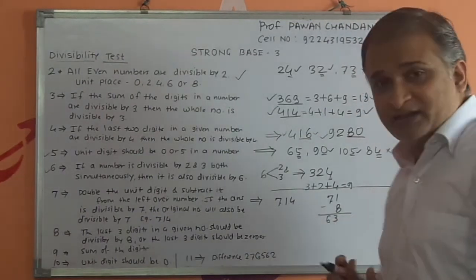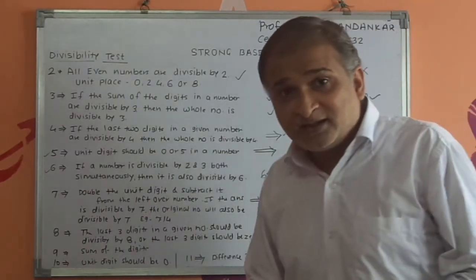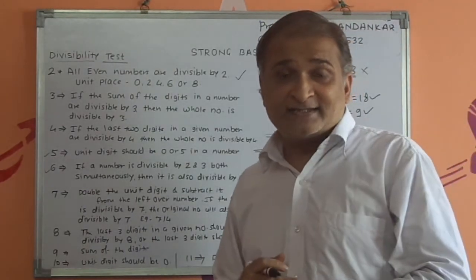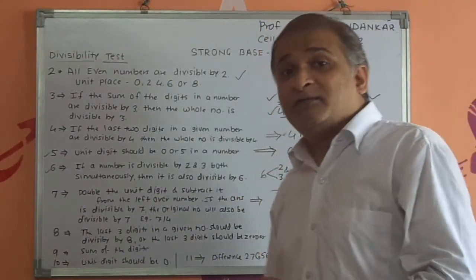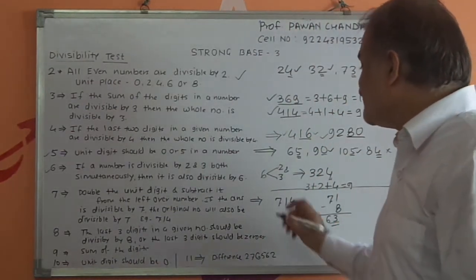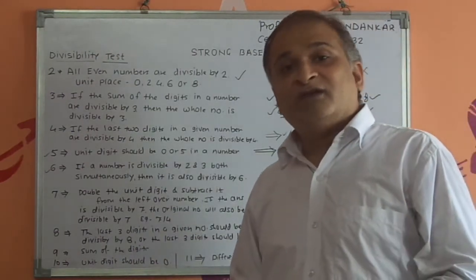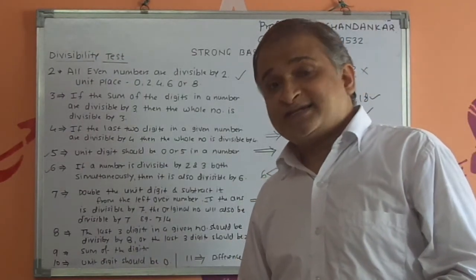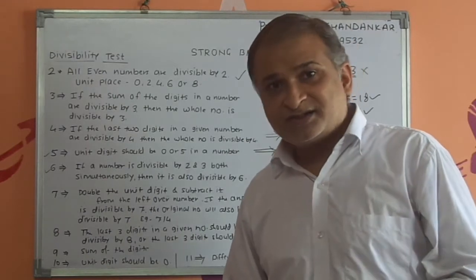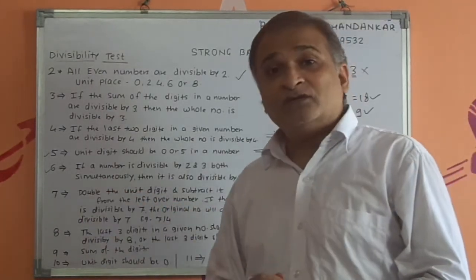Yes or no kids? Now tell me students, is 63 divisible by 7? Yes, 63 is divisible by 7. Now as 63 is divisible by 7, the original number 714 will be divisible by 7. Right kids? So this is how the divisibility test of 7 works.